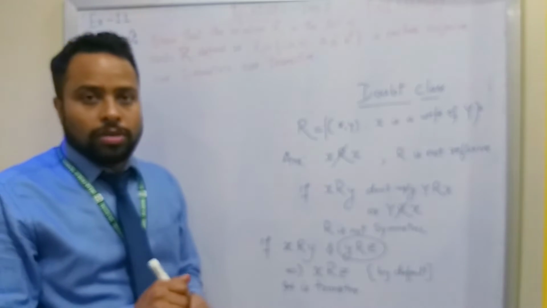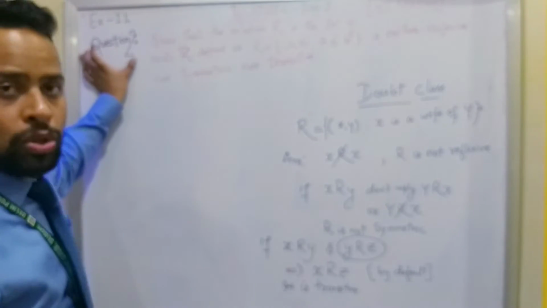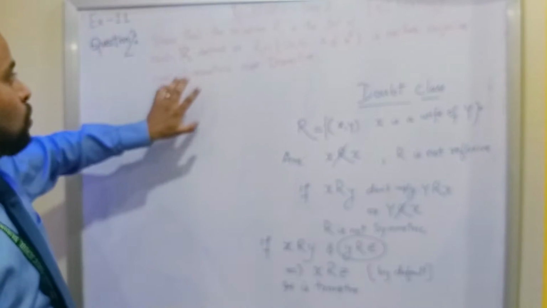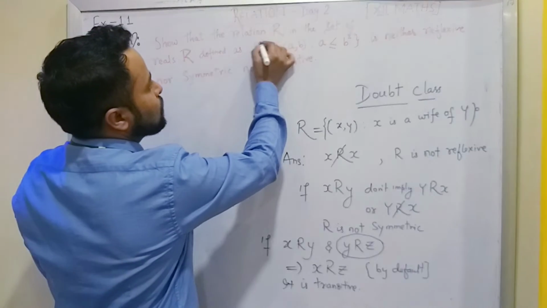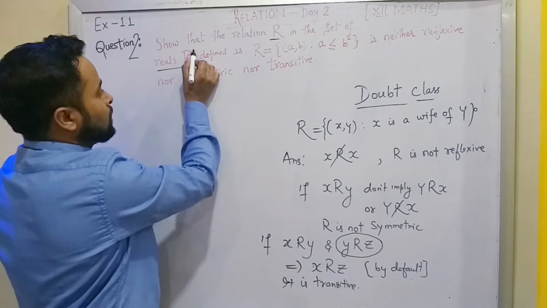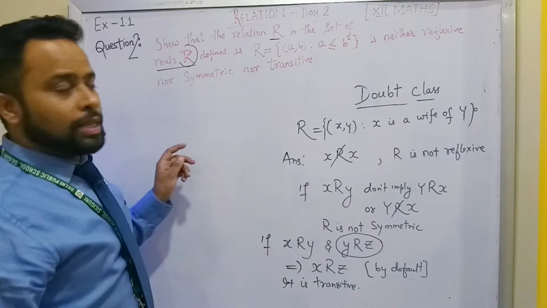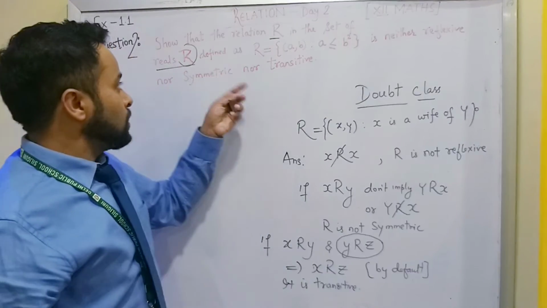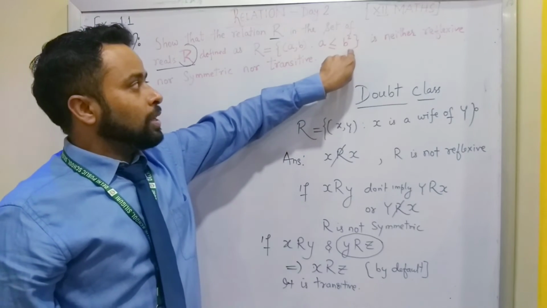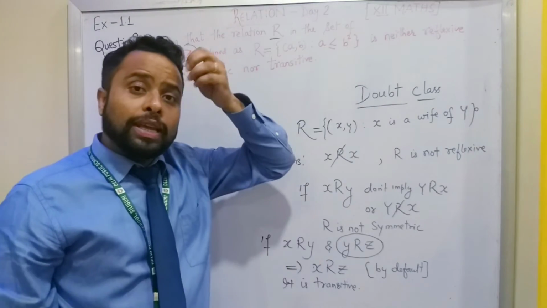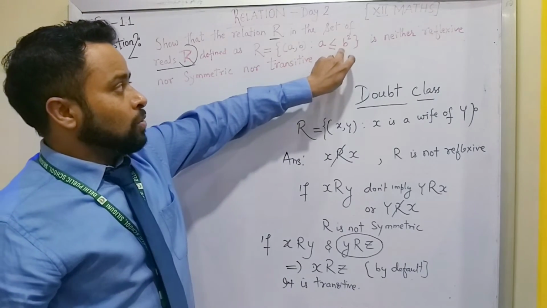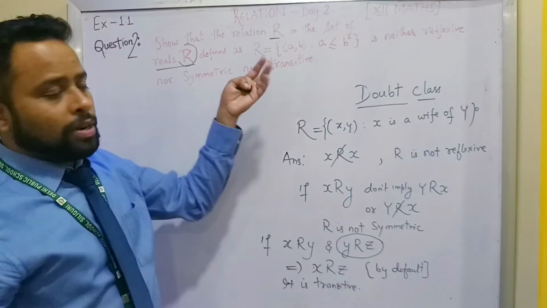Let us come to question number 2 of NCERT exercise 1.1. It says, show that the relation R in the set of real numbers, defined as (a, b) where a is less than or equal to b square, is neither reflexive nor symmetric nor transitive.